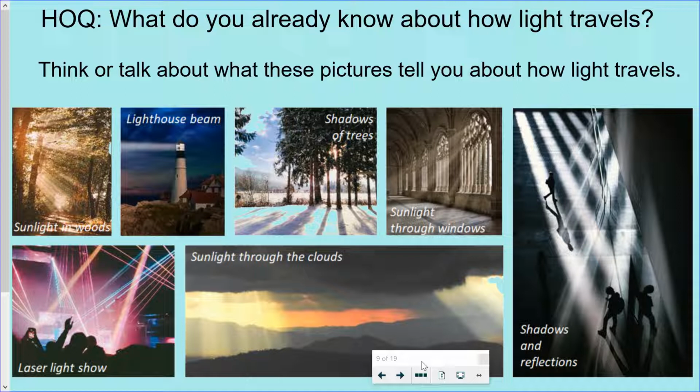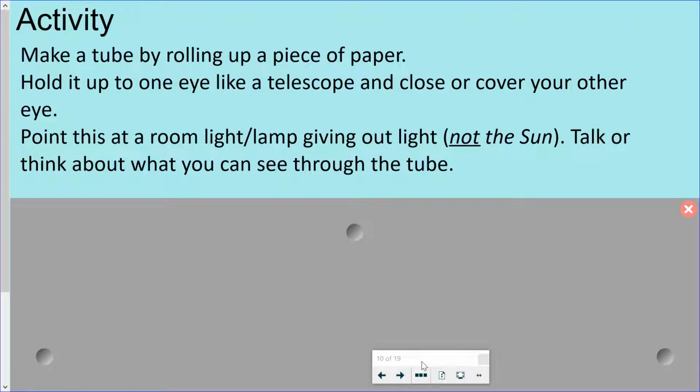Okay, so we're going to move on to a short activity that I'd like you all to do now that may tell you exactly what you had just thought about those pictures. So, with that piece of paper, please can you make a tube by rolling it up? And then hold it up to one eye like a telescope and close or cover your other eye.